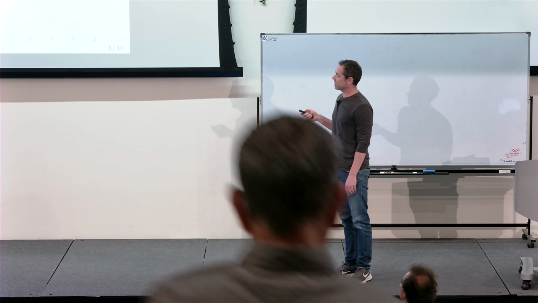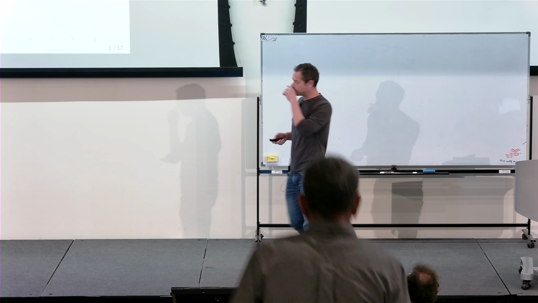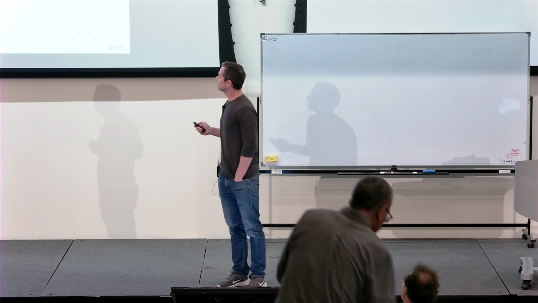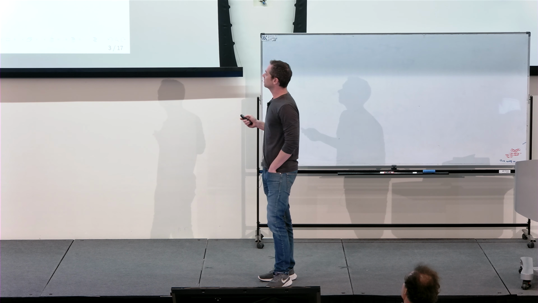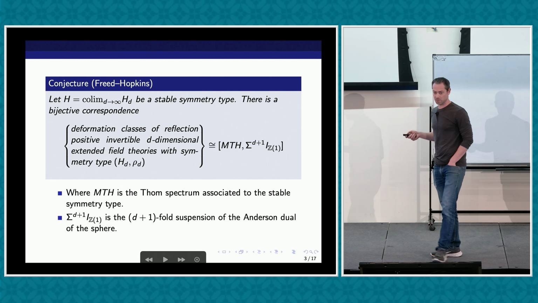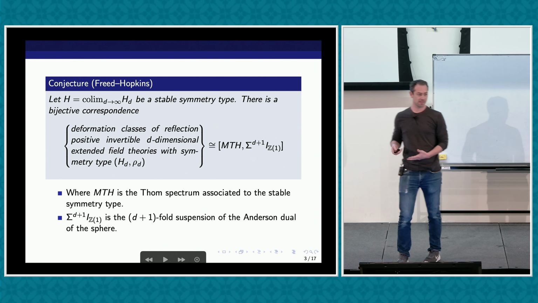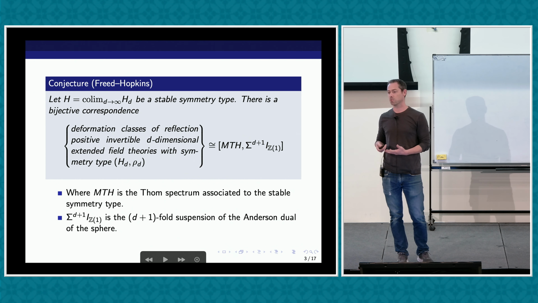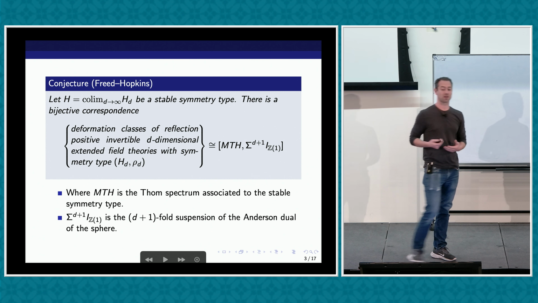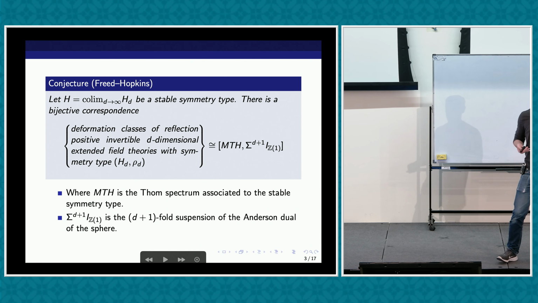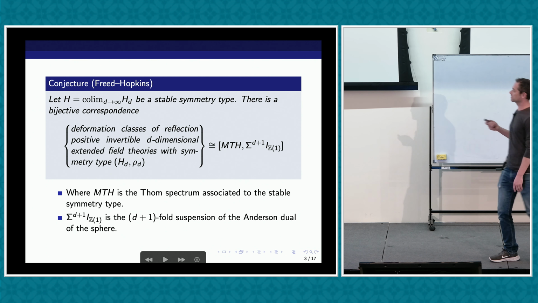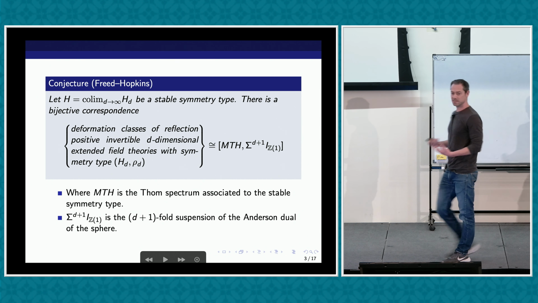This is a conjecture because they work with an ansatz that they expect this Thom spectrum to still model the homotopy type of the bordism category with even geometric structure. But they don't have access to a bordism category with geometric structure. So the first holdup is that they didn't really have access to this bordism category.